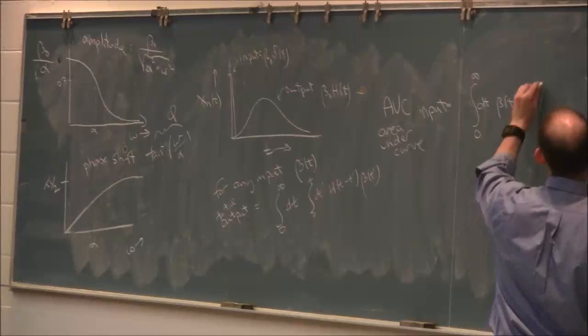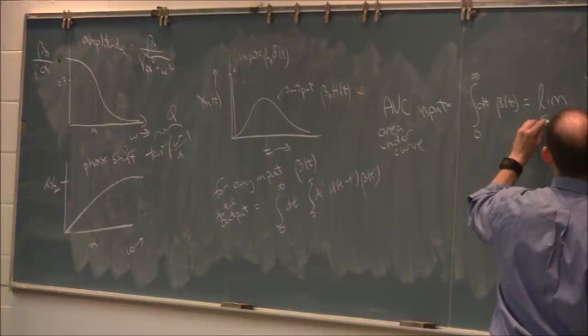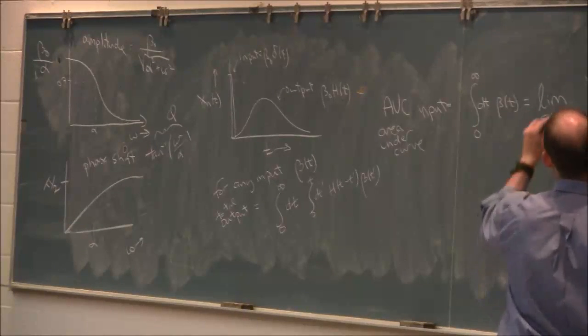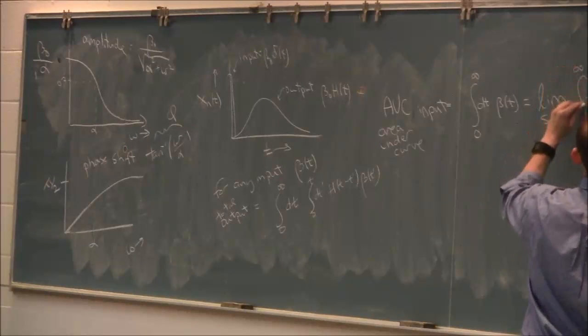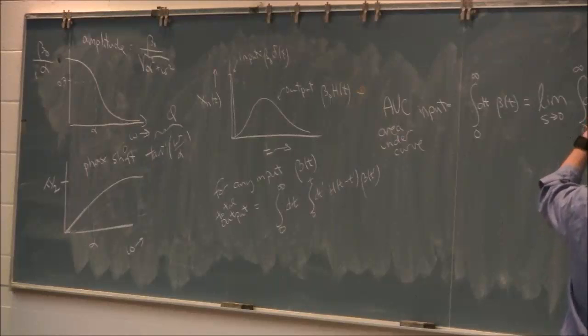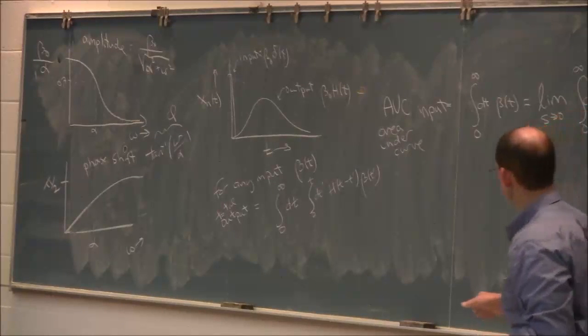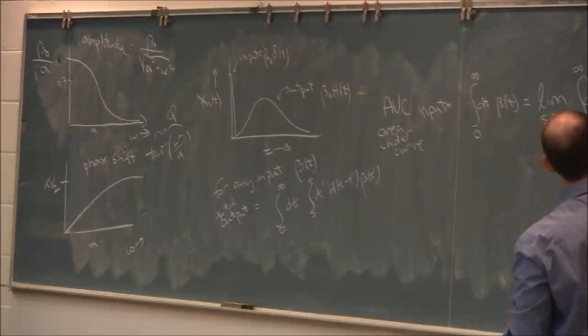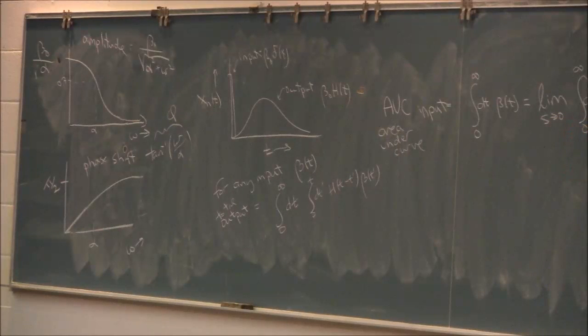So that's equal to the limit as s goes to 0 of the integral from 0 to infinity dt e to the minus st of beta of t, which is the limit as s goes to 0 of beta tilde of s.